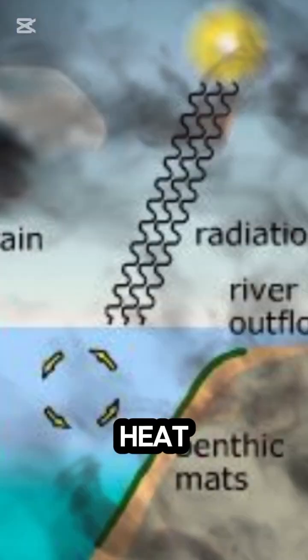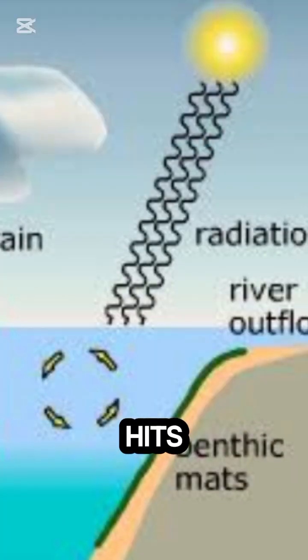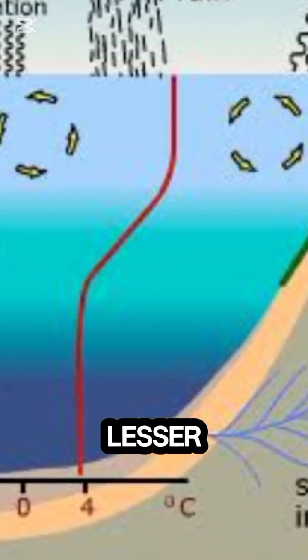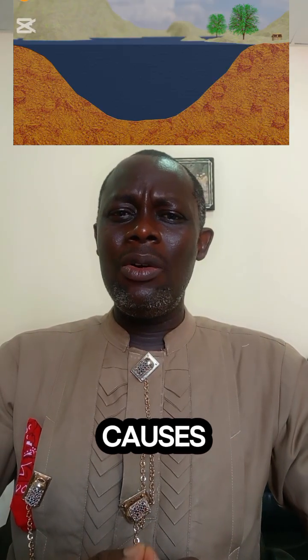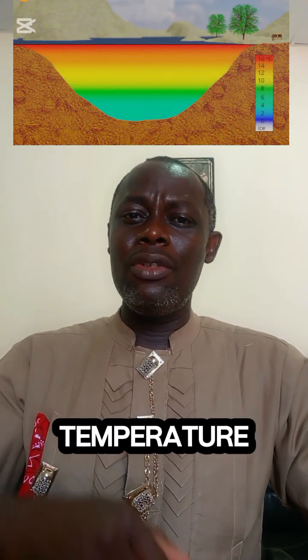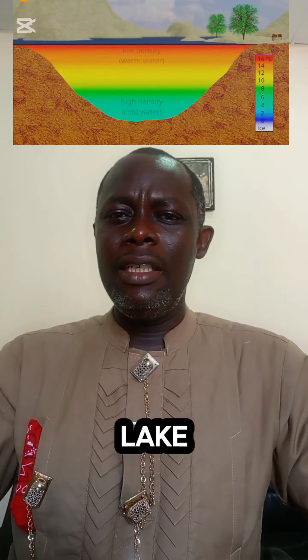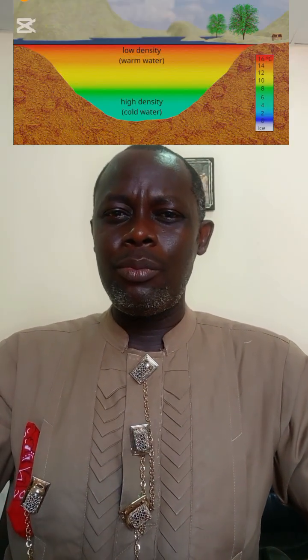As the heat from the sun hits the surface of the water, it tends to increase the temperature at the surface, but lower depths of the water tend to have lower temperatures. So that causes various temperature zones as you move from the top of the lake to the bottom.